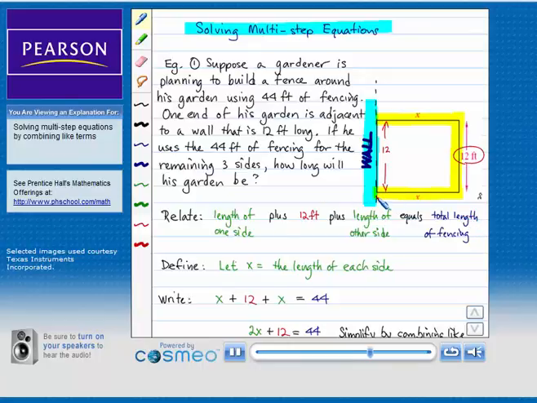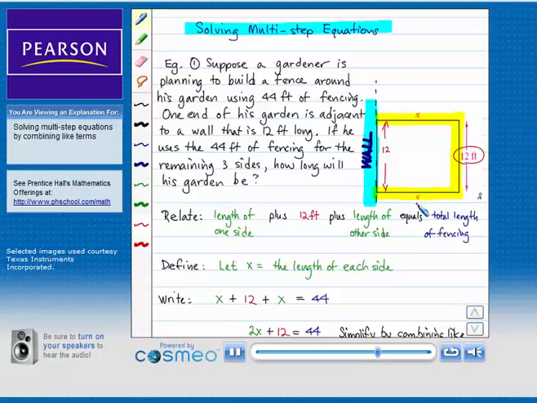Basically I have 3 sides of a rectangle, and I have the length of one side plus the width, 12 feet, plus the length of the other side has to equal the total length of the fencing that's available to him.